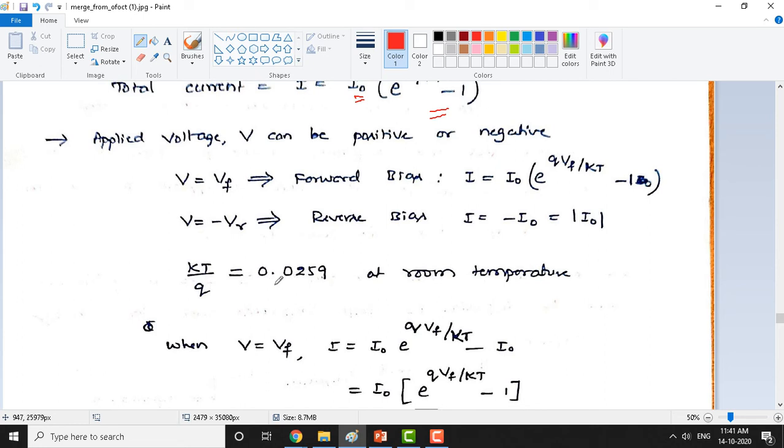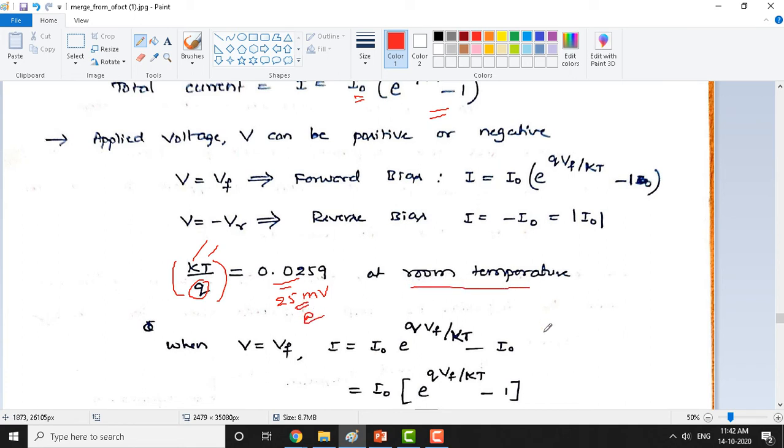Sometimes we can use a shortcut: approximately 25 millivolts is the value of kT by q. If you cannot remember the k value, T at room temperature, and the q value, you can instead remember this value, equivalent to 25 millivolts at room temperature.